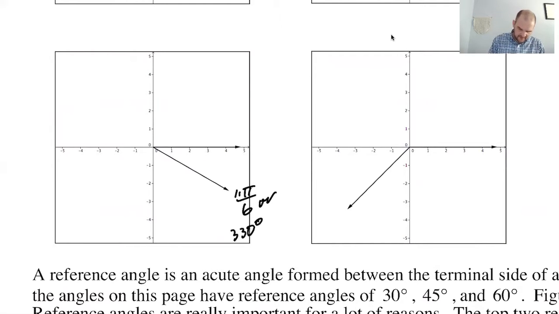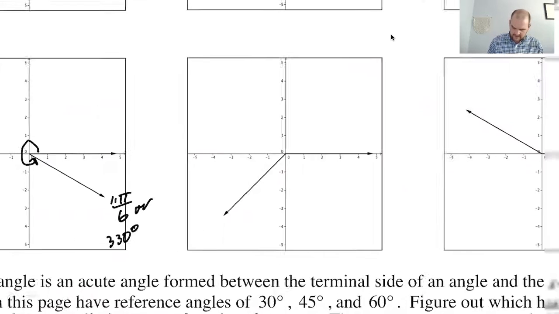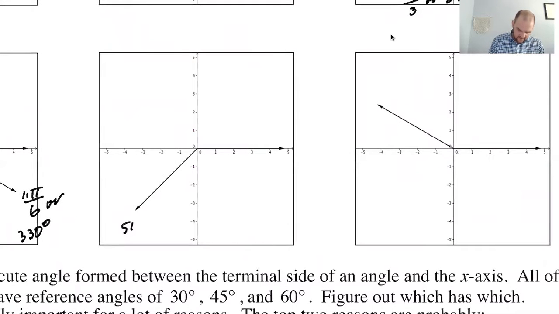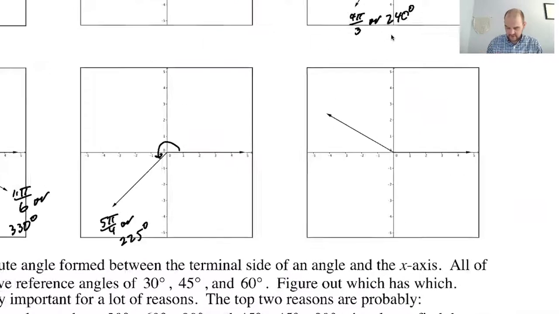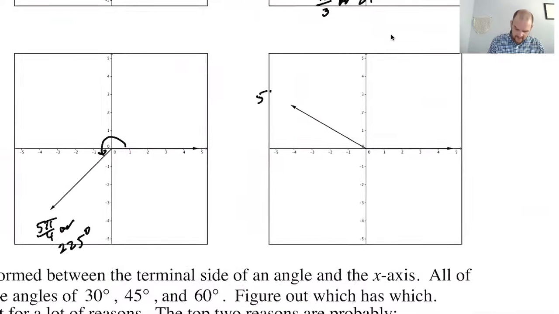Went with all threes there accidentally. Like that. This will be 5 pi over 4, or what is that? 225 degrees. And we get there by doing this. So it's always counterclockwise. Got to know that you're going counterclockwise. And then 5 pi over 6, or 150 degrees. And we get there by going like this.